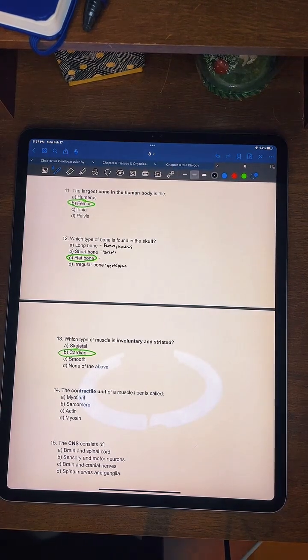But anyway, number 14, the contractile unit of a muscle fiber is called a myofiber, sarcomere, actin, or myosin. Yes, the sternum, yes, sternum and ribs.